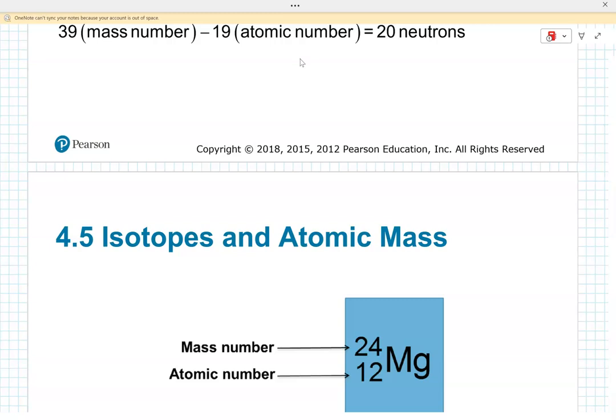Sodium, magnesium, aluminum, silicon, then phosphorus. Did you trace it down to phosphorus? Yes, there's a gap. So phosphorus has an atomic number of 15, which means it has 15 protons. Everybody agrees? Does it say anything about neutrons?